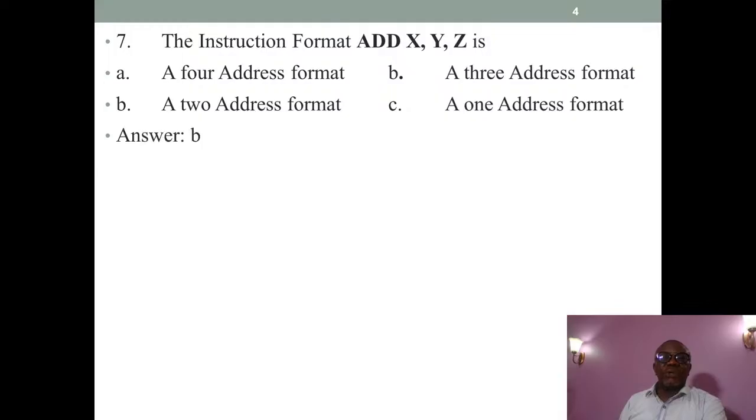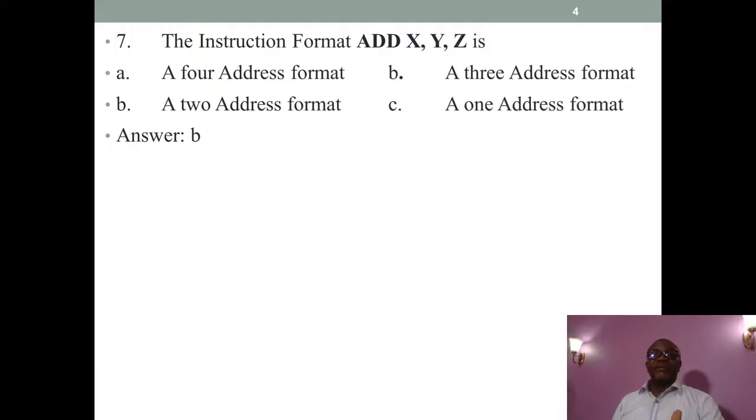So which one is it? It is B, the 3 address format, in the sense that in one line you have 3 addresses, X, Y, Z.